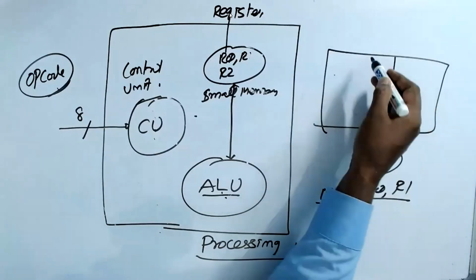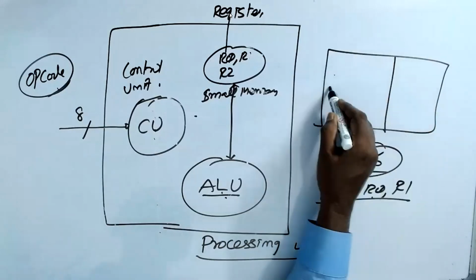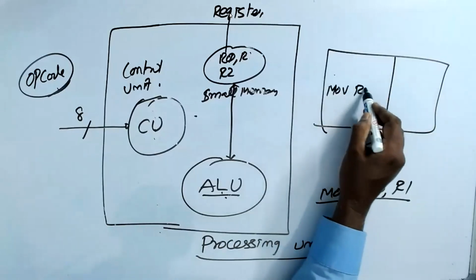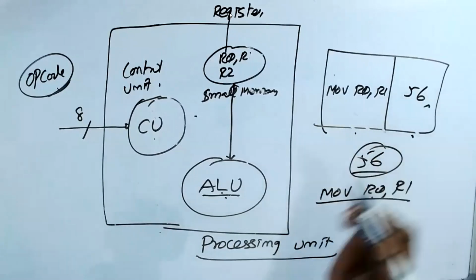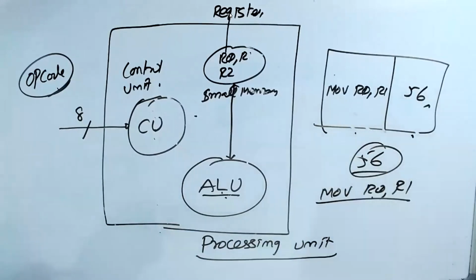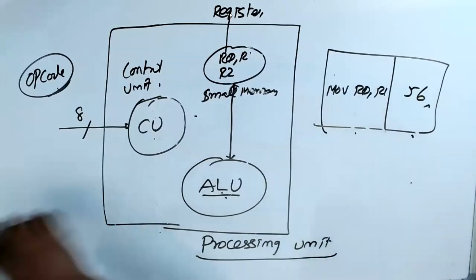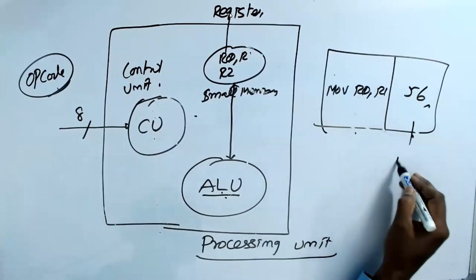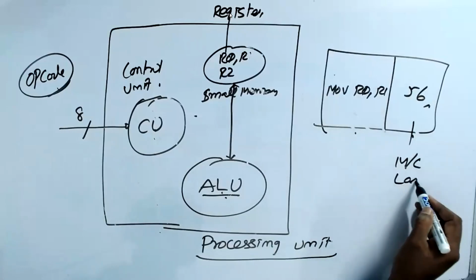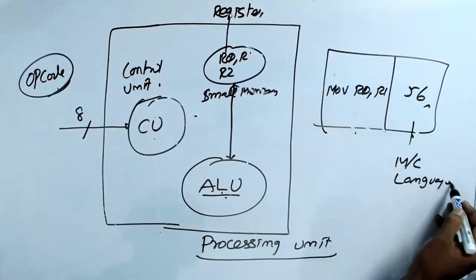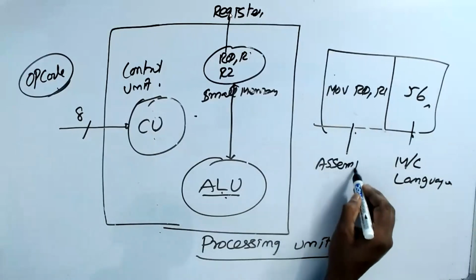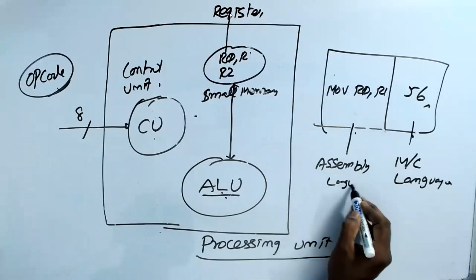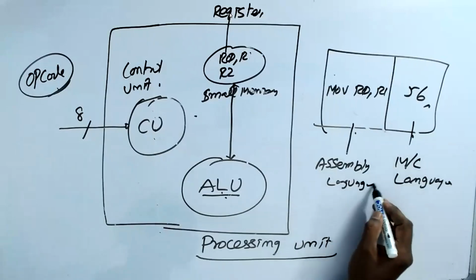Like a dictionary, they give you move R0, R1 and 56. Like Hindi to Tamil or English to Hindi, like that. This is a dictionary. And this language is called machine language. This is called assembly language. Both are the same.